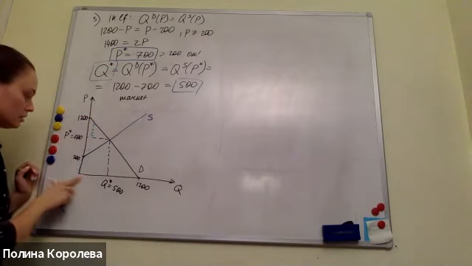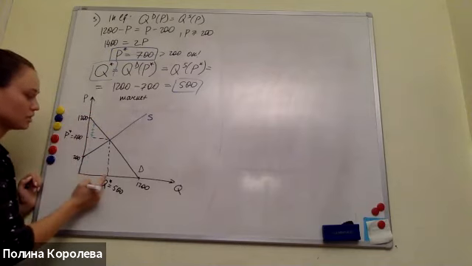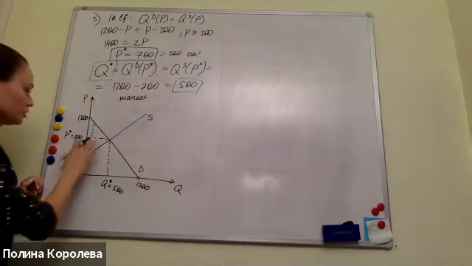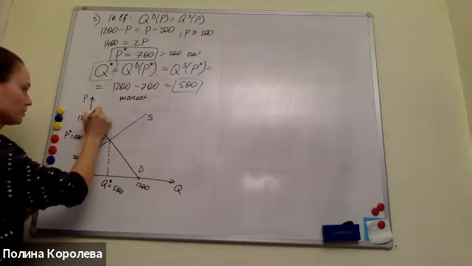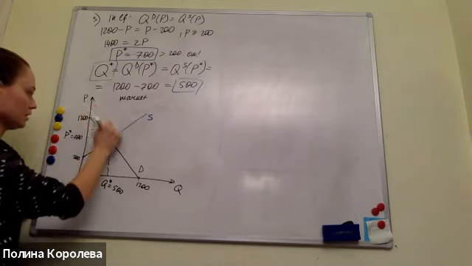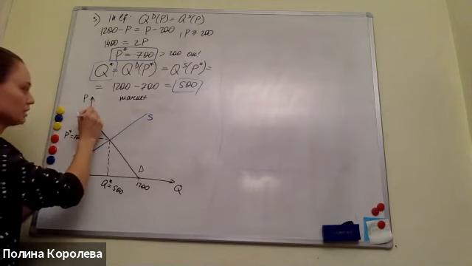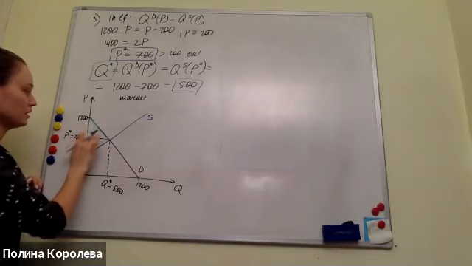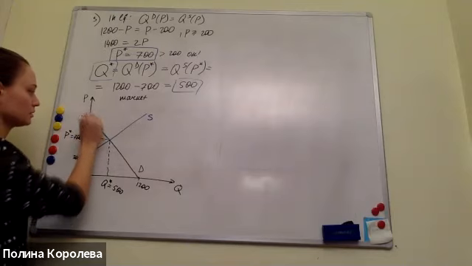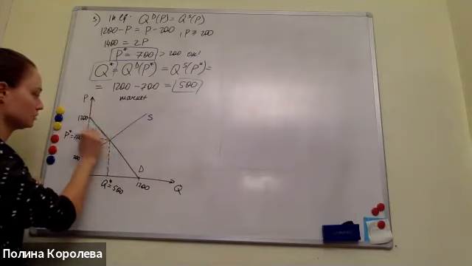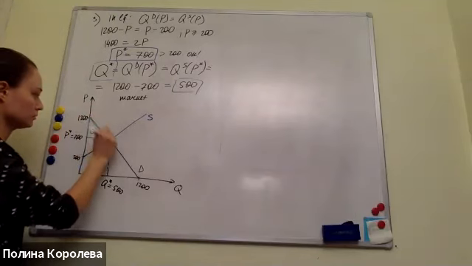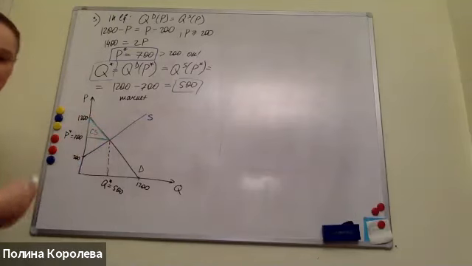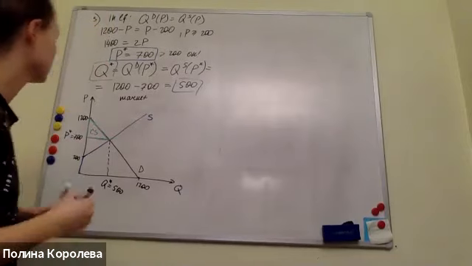And we can say this about each unit that we bought. So the area under the inverse demand function and above the price that our consumers paid is the consumer surplus, this triangle. We can count it.